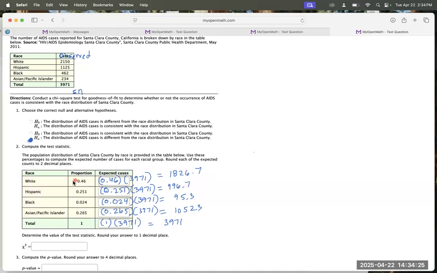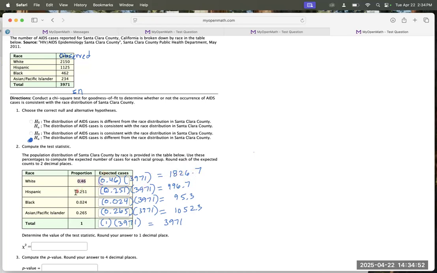So if this was a true distribution and we sampled 3,971 people, we expect 46% to be white, then 0.46 times 3,971 means we would expect 1,826.7 people. We can't have 0.7 people, but whatever, 0.7 people would be white, and so on.